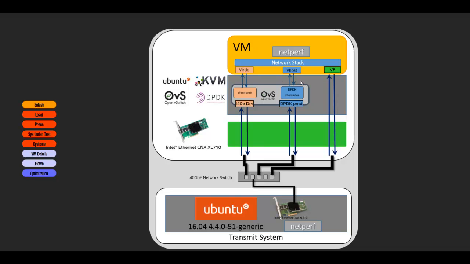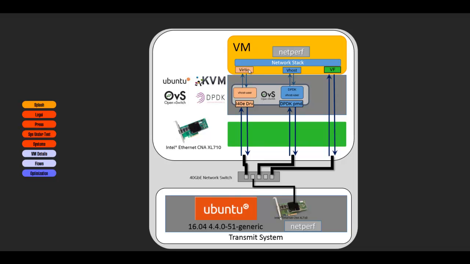We have a DPDK-backed paravirtualized interface that we call vhost for the purposes of this video and in the paper that this video is based upon. And that is OVS-DPDK backed. That means that there's a DPDK poll mode driver here that's reading data off of the Ethernet port and putting that into OVS, and then it goes up to this vhost device within the VM.